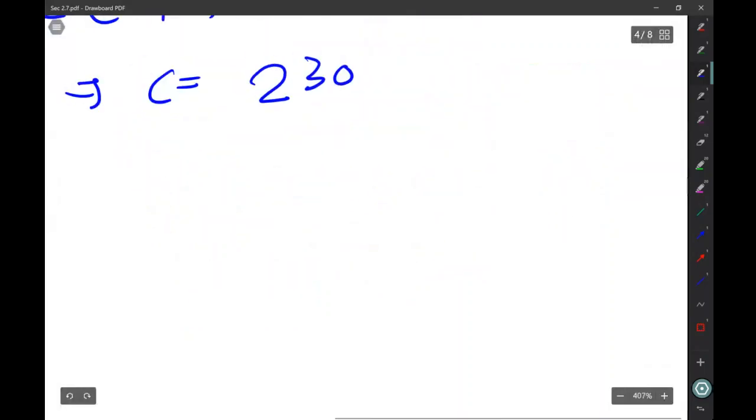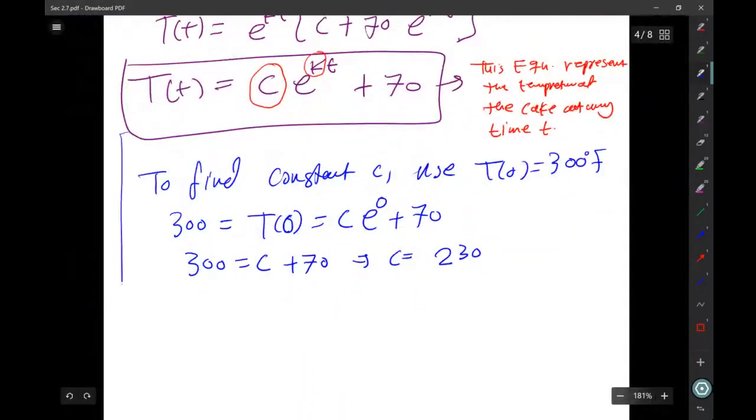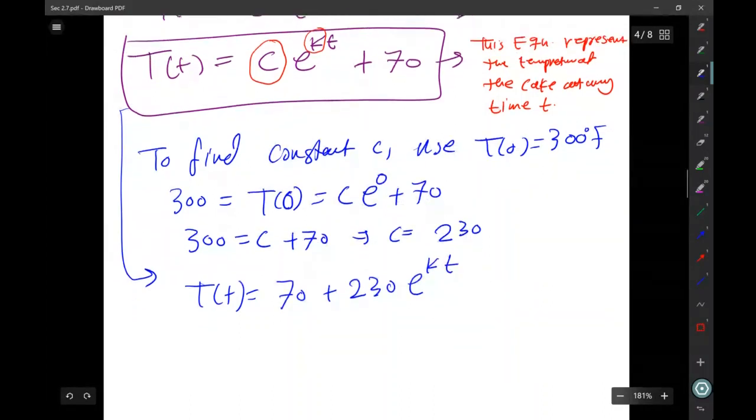Now substitute the value of c again here. T of t becomes 70 plus 230 times e to the power kt. Now, how will I find the value of k?